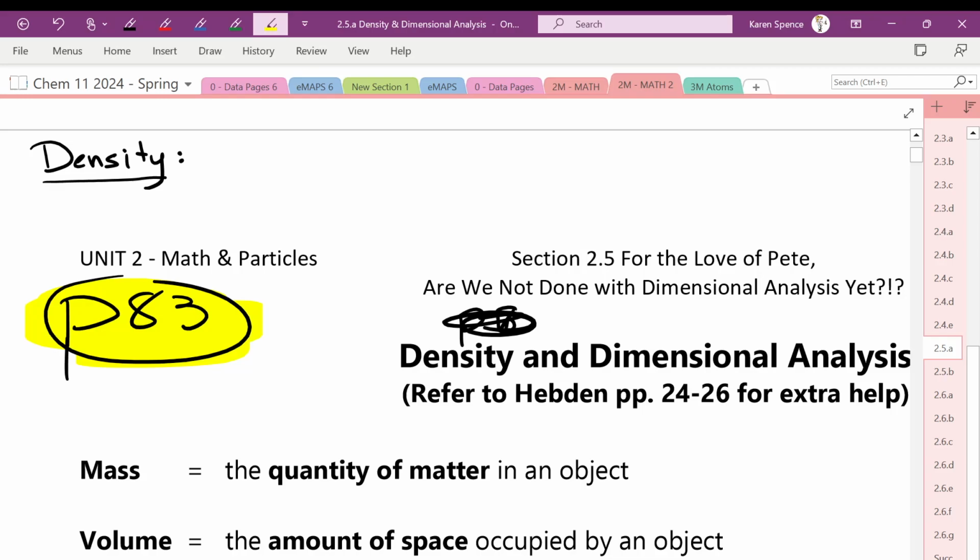Okay, my friends, what is density? Who can give me a definition of density? Yes, Sky. The amount of mass contained in a volume. The amount of mass contained in a volume, yes.